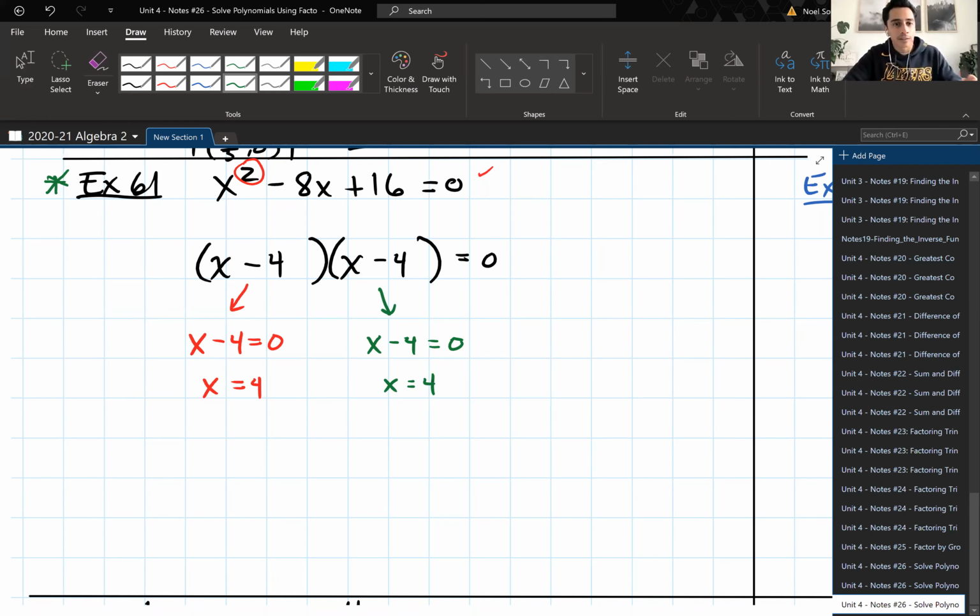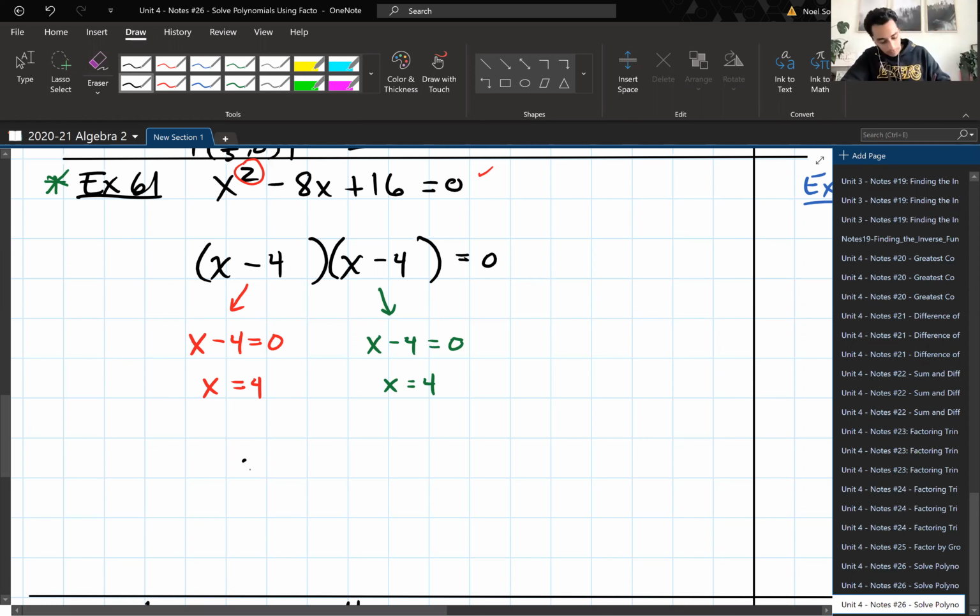That still satisfies the fact that you need two intercepts, but it's just one intercept counting as a double root. All right. So whenever you have the same intercept or the same solution twice, it counts as a double root. So this is one of those special cases where we have an intercept at 4 comma 0, and then I always label it with a DR. Okay, the DR represents a double root.